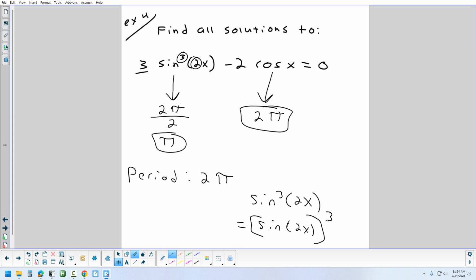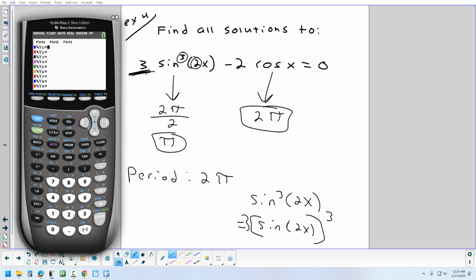It means the sine of 2x to the third power. So that's how we need to type it in. We don't want this 3 inside that bracket. We want it in front. If it was inside, then it would get cubed and it would become a 27.